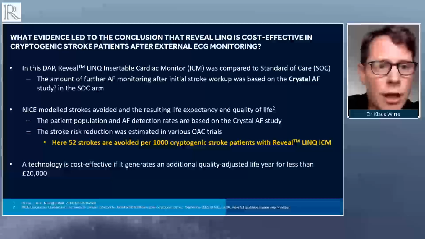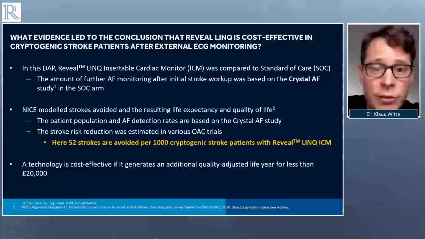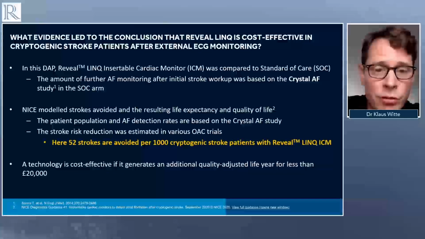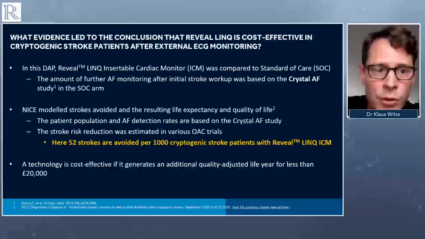So let's have a look briefly at what led to the conclusions made by NICE. What they did in the DAP, they looked at the standard of care for patients with cryptogenic stroke, and they looked at how that might be affected by the use of the Reveal LINQ insertable cardiac monitor.